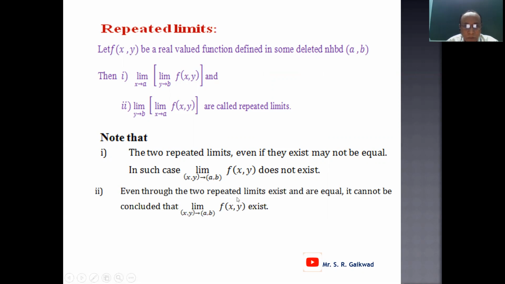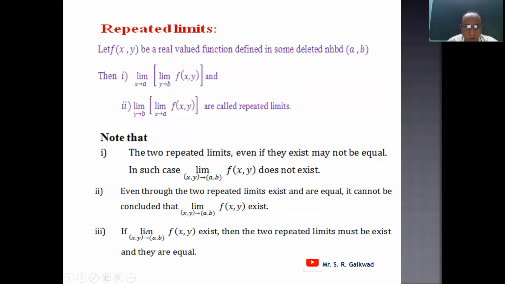Even though the two repeated limits exist and are equal, it cannot be concluded that the limit as (x, y) tends to (a, b) of f(x, y) exists. It means repeated limits exist and are equal, but the simultaneous limit may not exist.